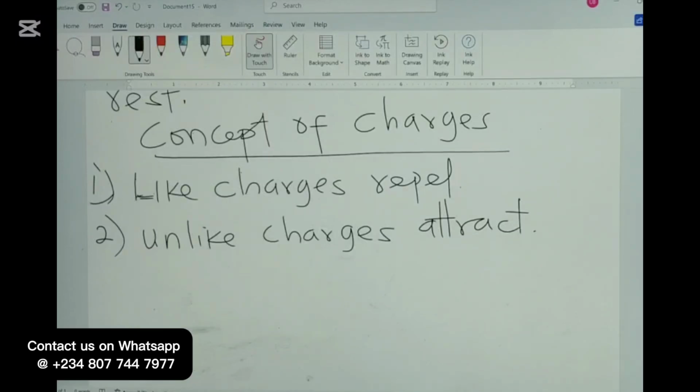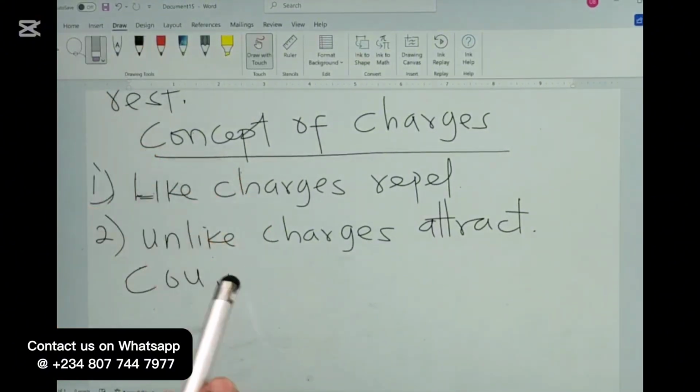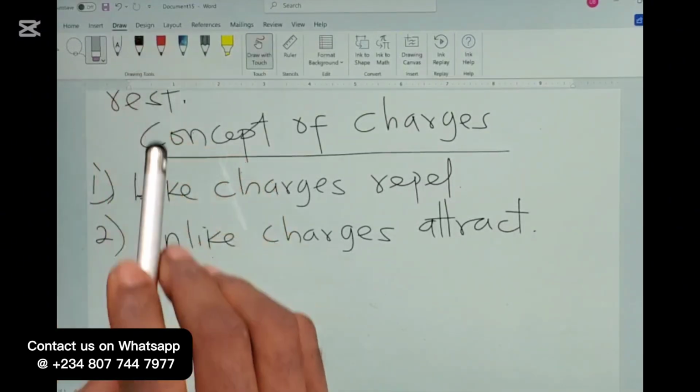All right, now please write Coulomb's law.